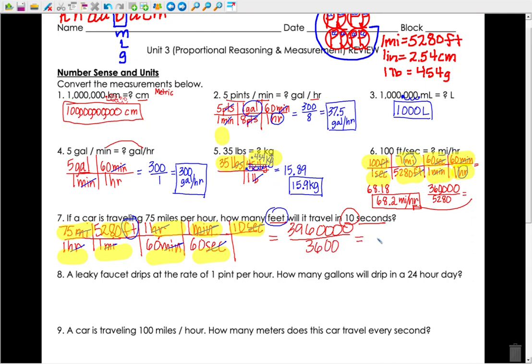Okay. Dividing through gives me 1,100 feet.